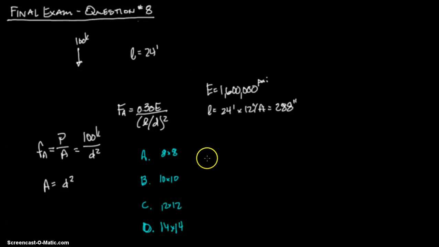I hope that makes sense. Alright, so let's do area, or we could do D. D squared equals what, and D equals what. Then we can say F_a equals what.